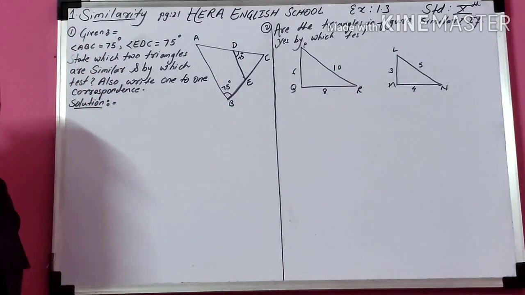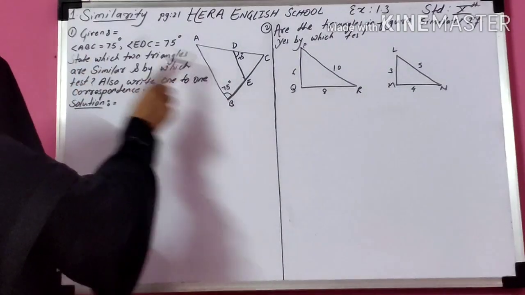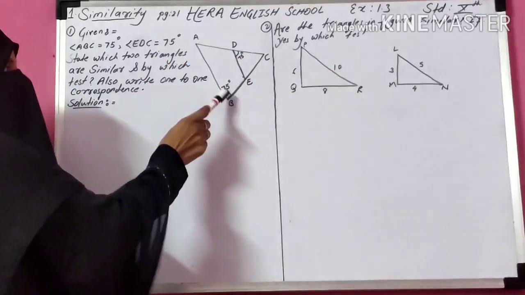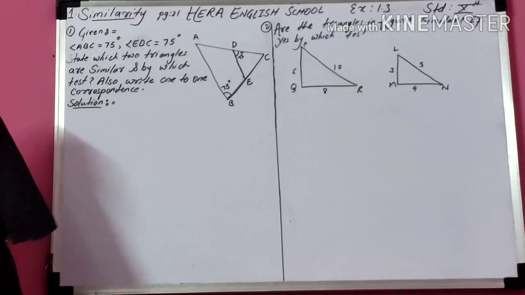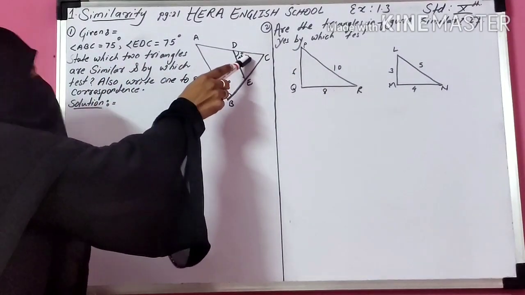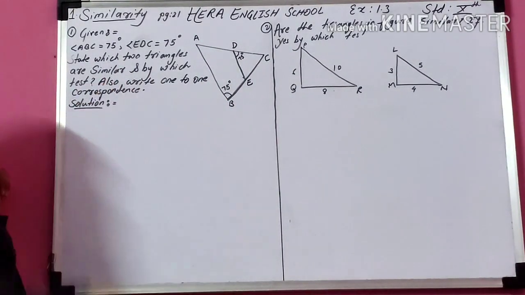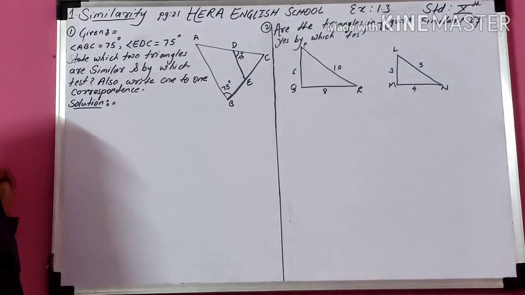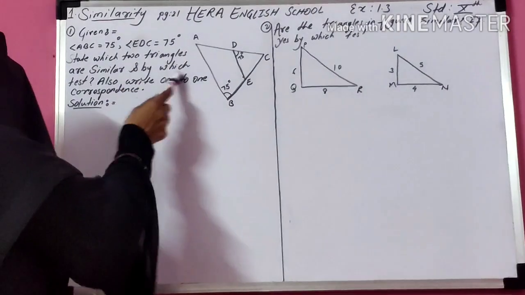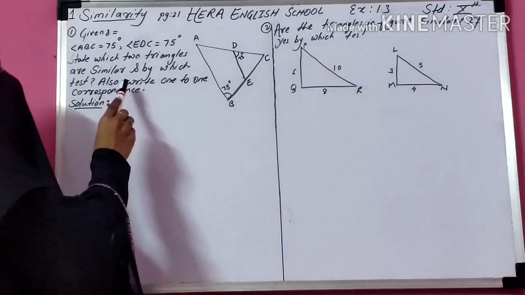First question. In the first question here in the figure, angle ABC is 75 degrees. You can see here angle ABC is given to you as 75 degrees. Angle EDC is also given as 75 degrees. State which two triangles are similar, and by which test, that means by which test the triangles are similar.